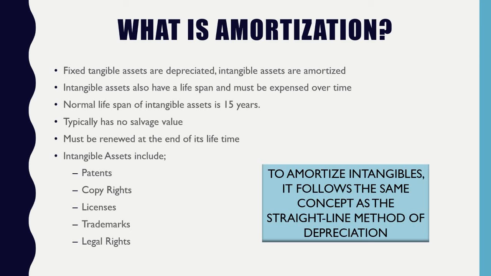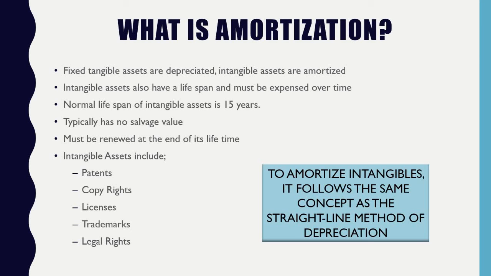Now, with that being said, what happens when a patent is purchased is that it should never have a salvage value. Because think about it. If I buy a license, so basically I purchase a license for $10,000, what happens at the end of its life is that it expires, right? You have a time limit.